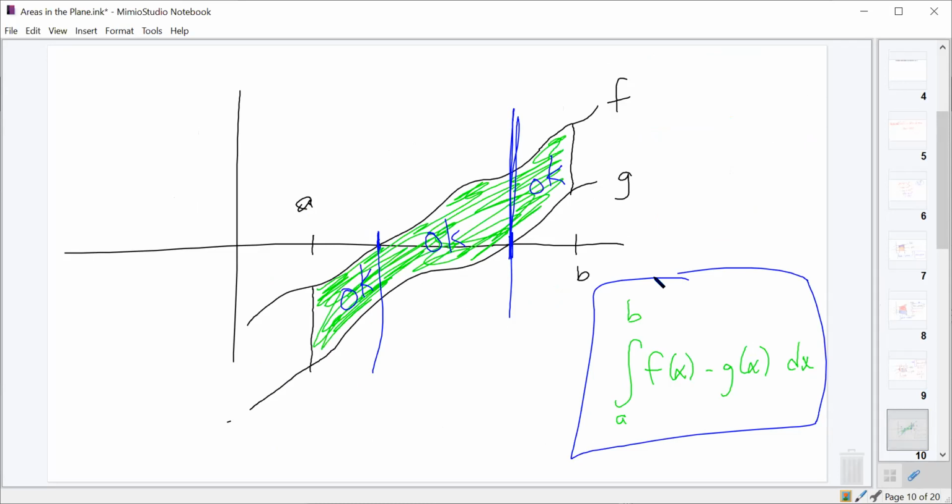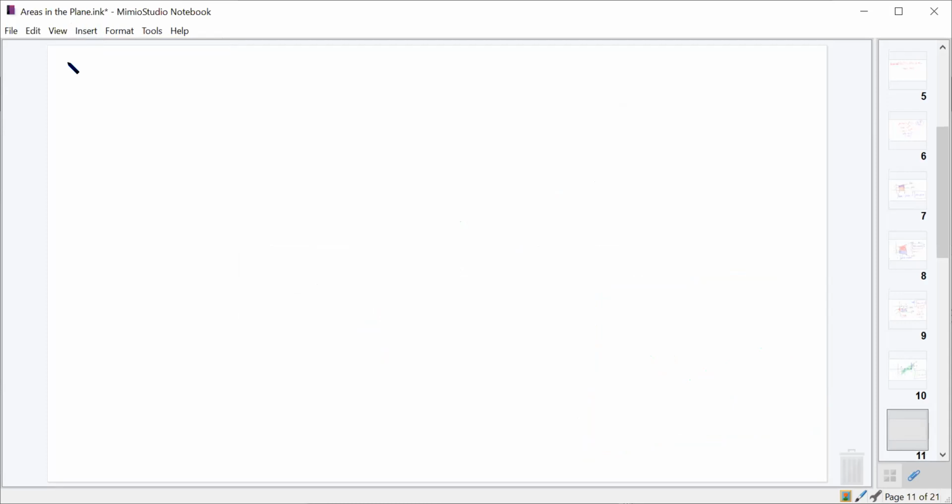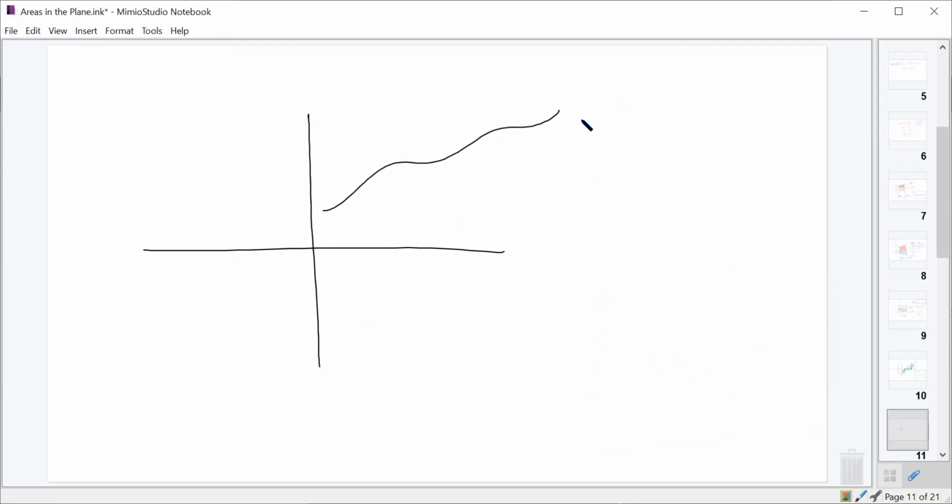The only thing that will cause this to be an issue has nothing to do with the x-axis. It only has to do with, suppose f and g intersect on the interval. Right? If they intersect with each other on the interval, sometimes f is above g and sometimes g is above f.